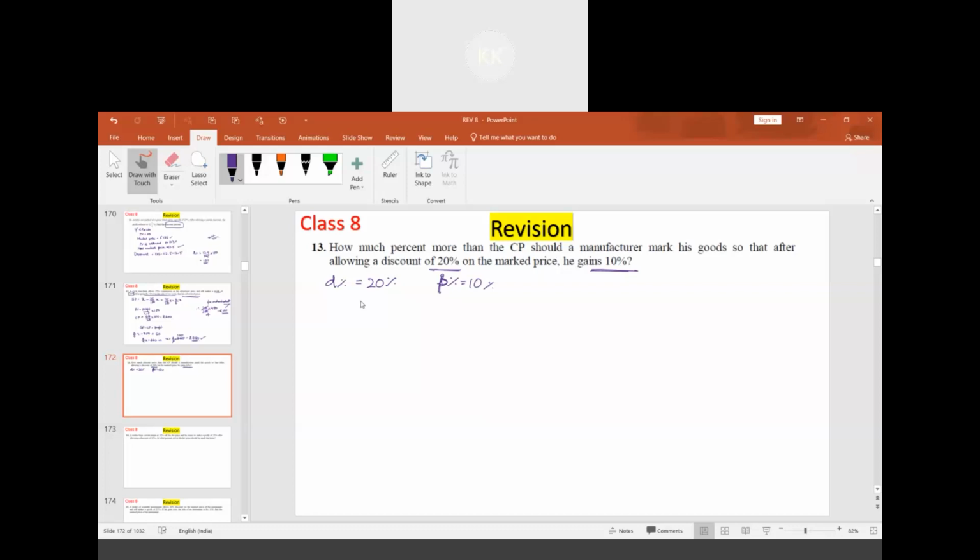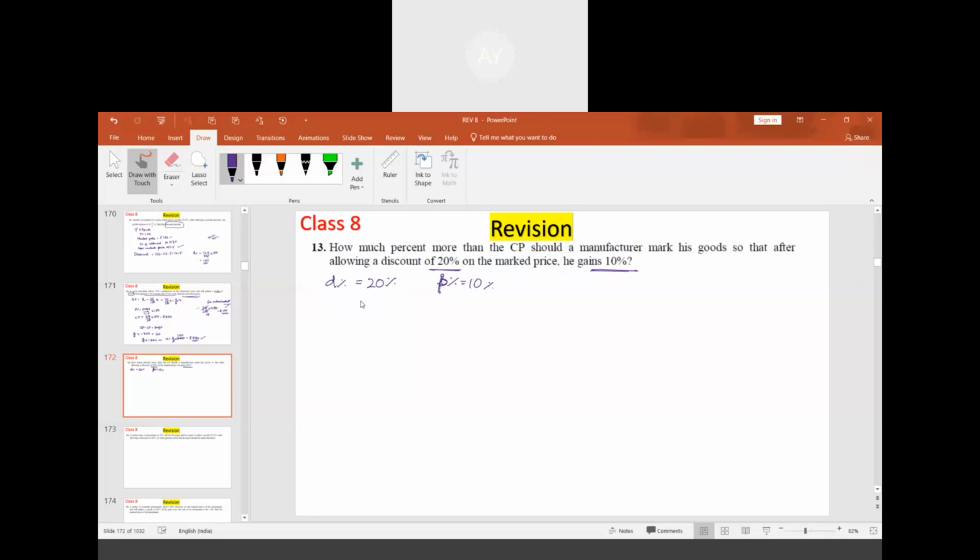SP is equal to 100 minus 20, discount percentage. I think the answer is 30%. Sir, he gets a gain of 110, and on this 30% is the answer, I think.